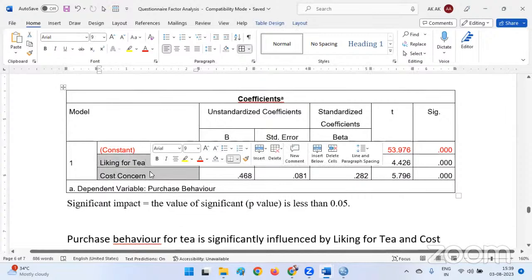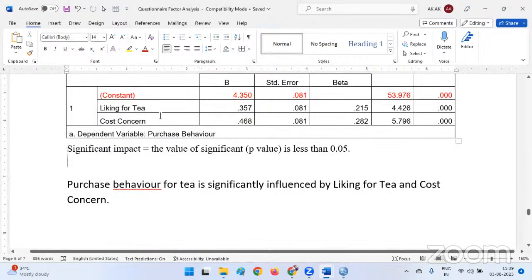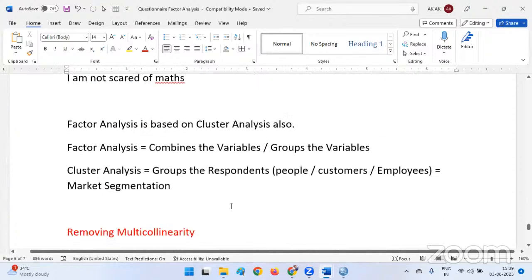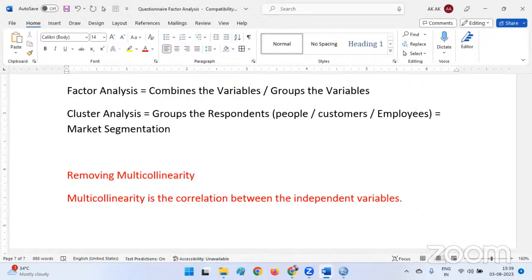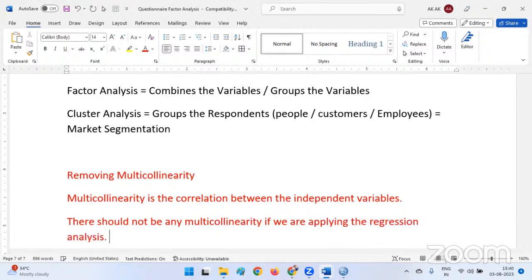Now these are the outcomes of factor analysis, so there is no multicollinearity. We check that there is zero correlation between these two. And this is the requirement of regression analysis: there should not be any multicollinearity if we want to apply regression analysis. Okay.